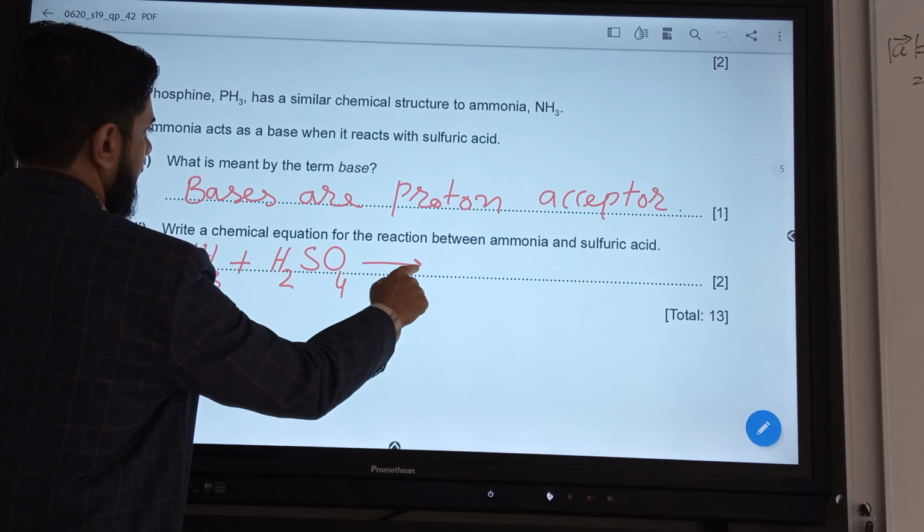Carbon monoxide reacting with hydrogen gas to produce methanol, CH3OH.